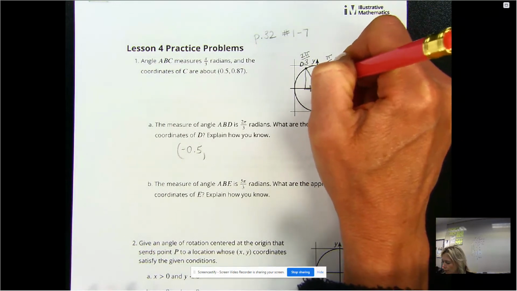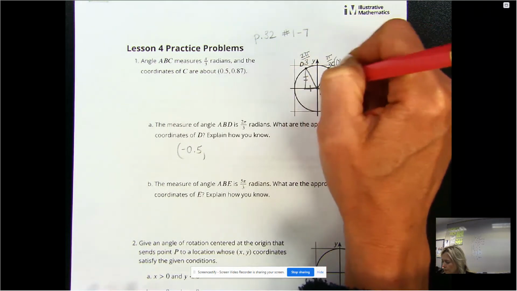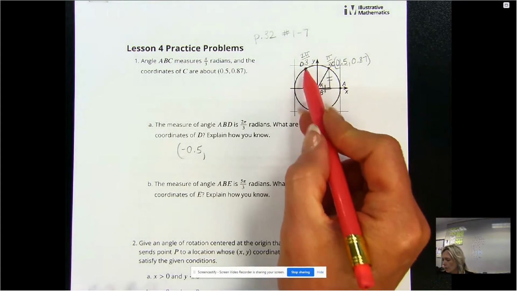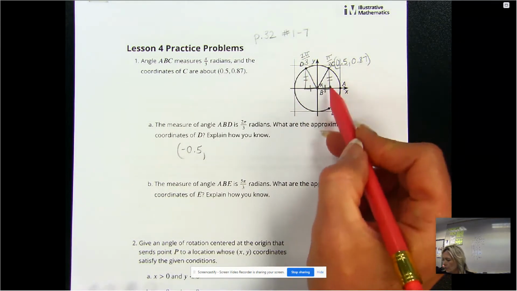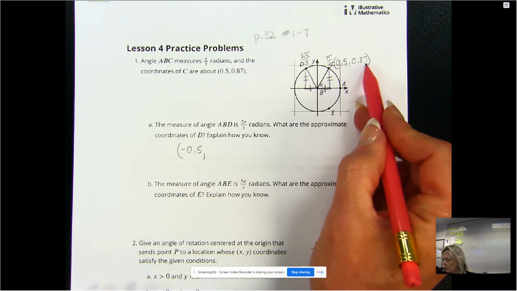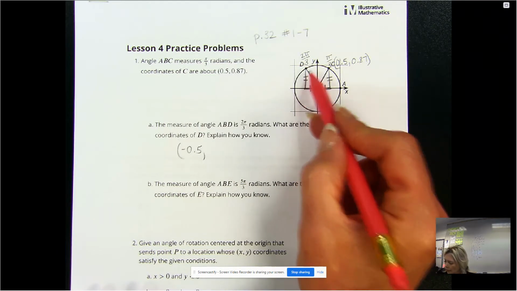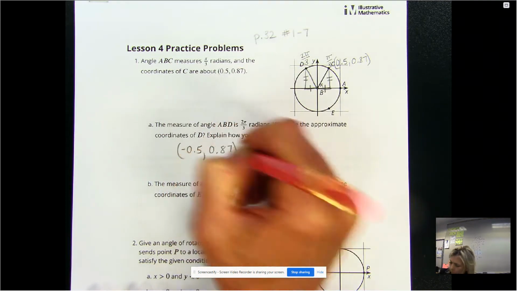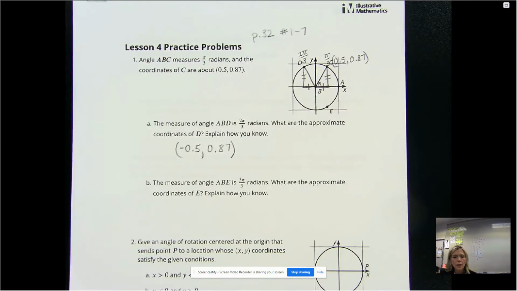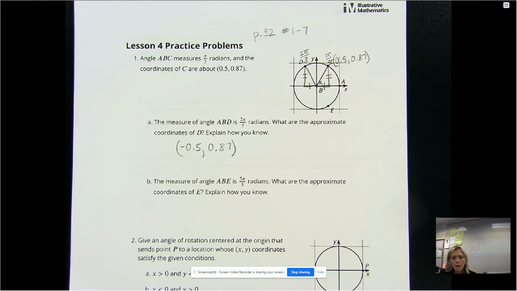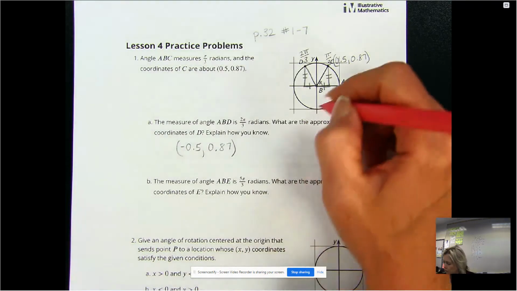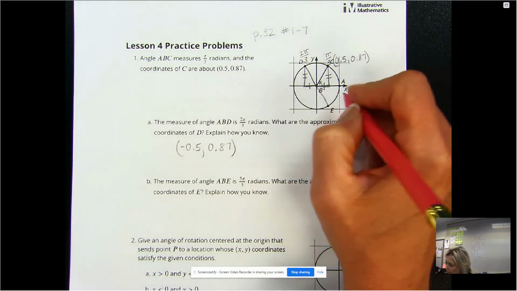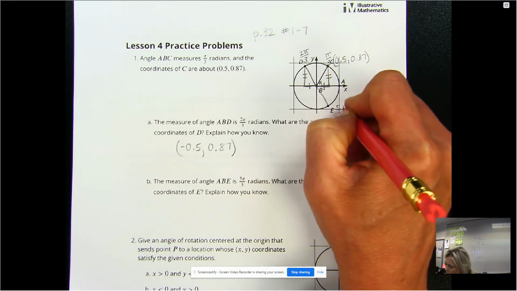And then these legs are also congruent to each other. And in this quadrant, the y value is positive. So this has a length of 0.87, so does this one, and it's also positive. Okay, so that's for A. And then for B, ABE, so over to here, the angle that ends there, is 5 pi over 3.